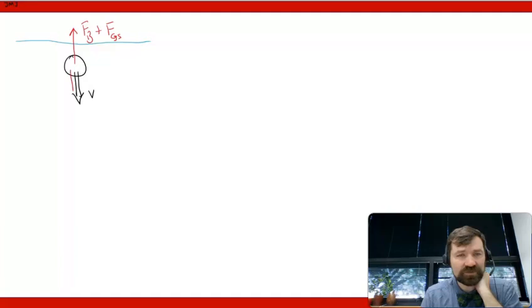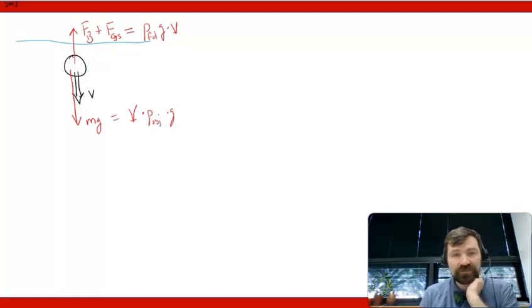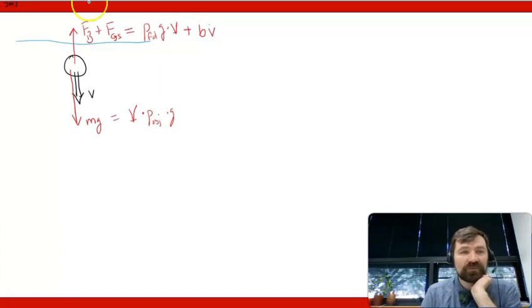And then in the opposite direction, I have m times g. Well, this one right here is basically like density of the fluid times g times volume of object. This right here is volume of object times density of object times g. That's for the buoyant force, and then for the drag force, I have some b times the velocity v. It is an upward drag since the object is falling downward.